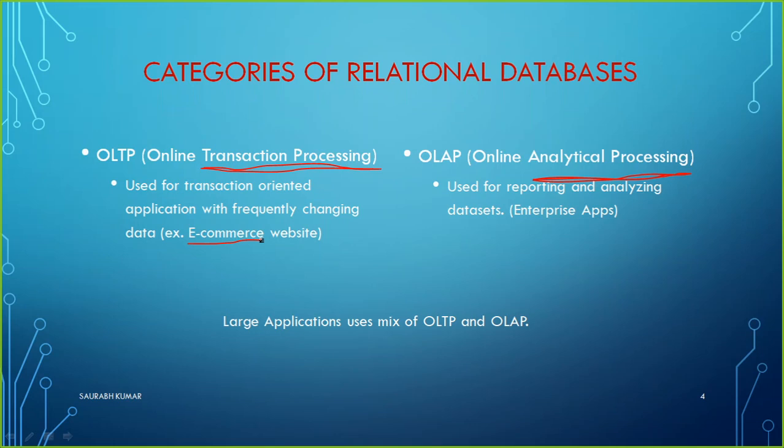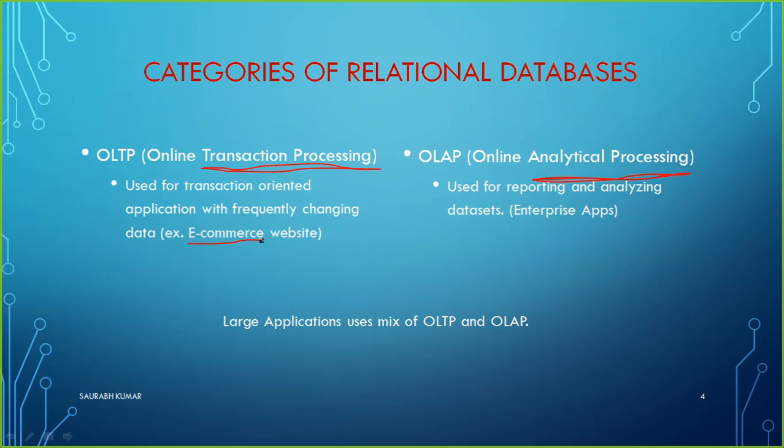Whenever you apply that coupon and then purchase the product, obviously this entry should go in the database, that the customer has used this particular coupon code to get this item at this particular rate. If somebody is not using a promo code and just buys directly, that information will not be added in the database. So you see, every time the data is in transaction mode, it is being changed and added like that.